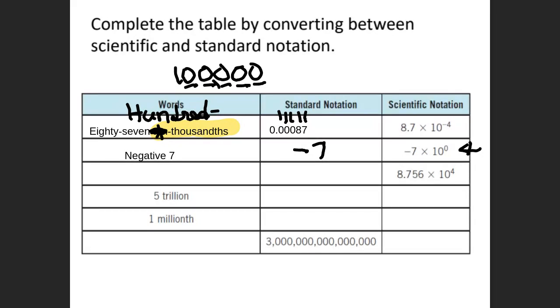Now, this one has 4 as an exponent. The decimal between 8 and 7 is moving 4 places to the right, which means I now have 87,560. Now notice this word does not have an and.